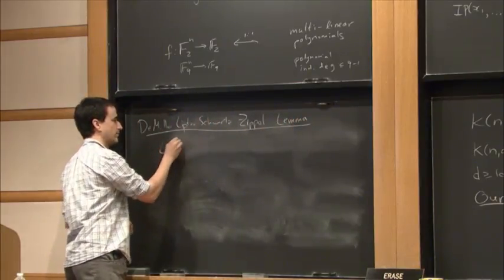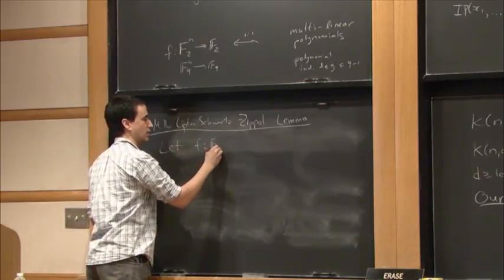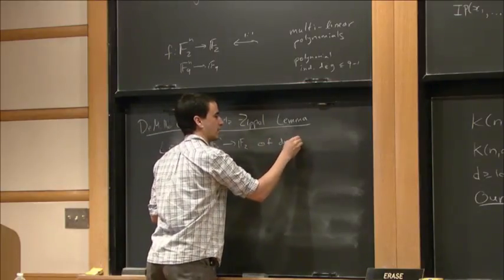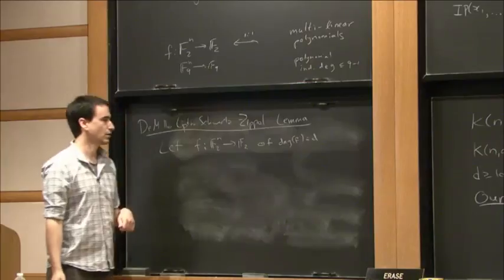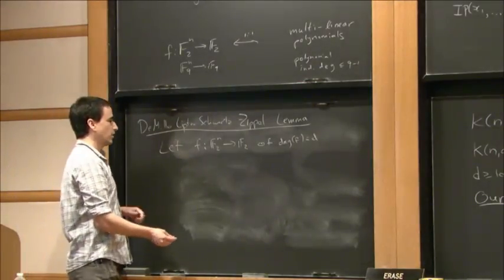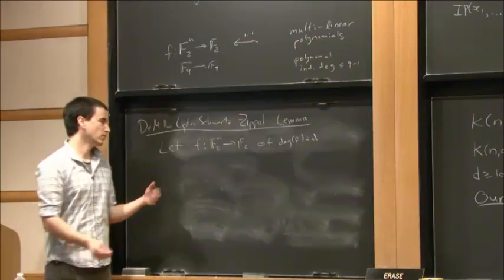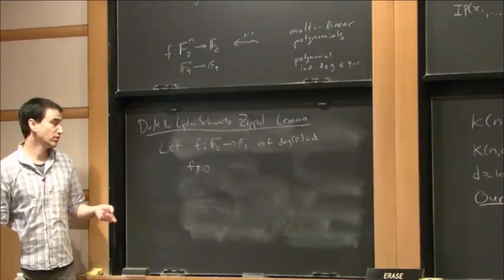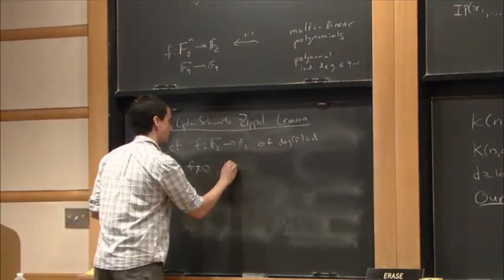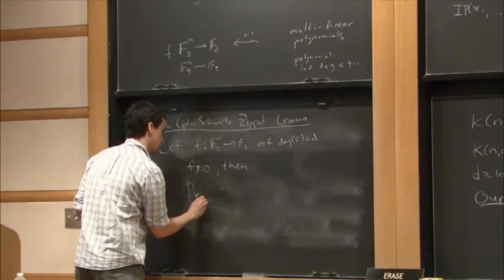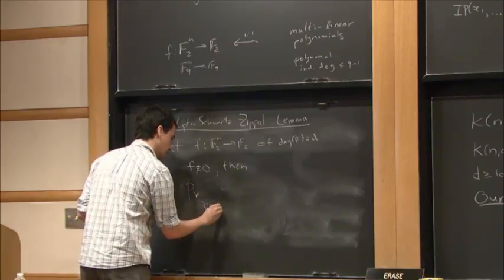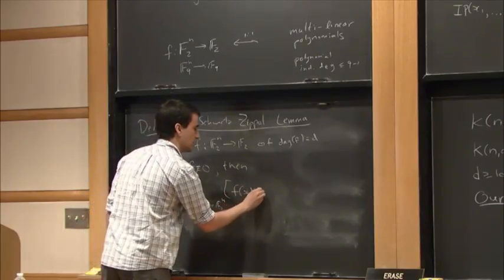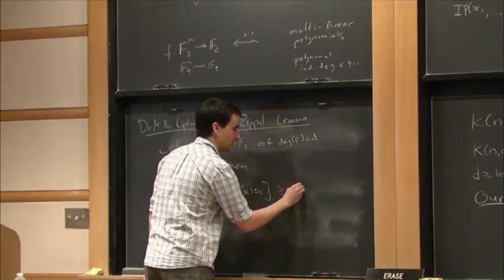So we have a polynomial of degree d, and we know that it's a non-zero polynomial, meaning there is some point on which the polynomial is non-zero. Then the probability that on a random point in F2 to the n, f(x) is not equal to 0 is at least 2 to the minus d.